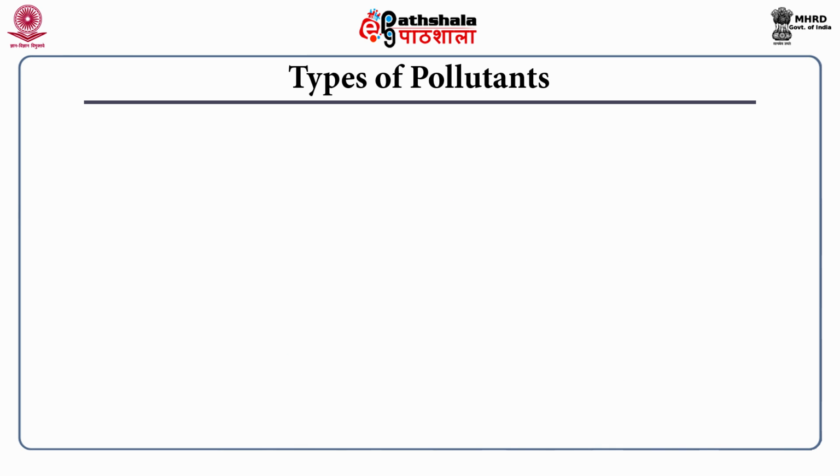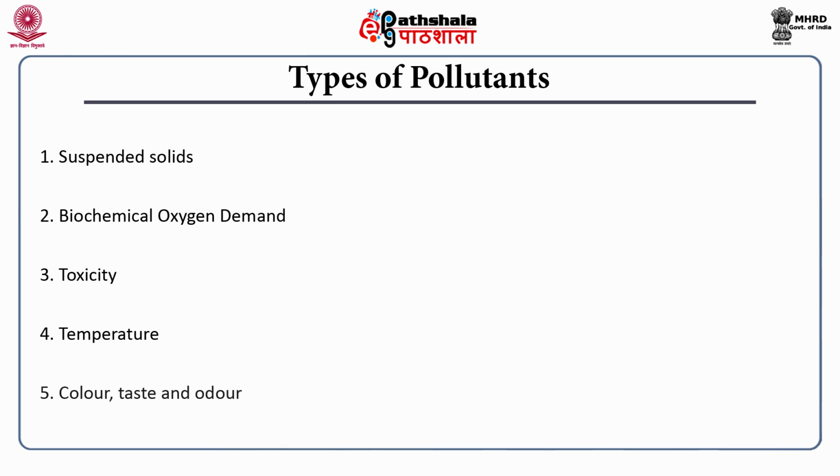The following types of pollutants are present in the wastewater of the pulp and paper industry: suspended solids, BOD or COD, toxicants as toxicity, then temperature, color, taste and odor.